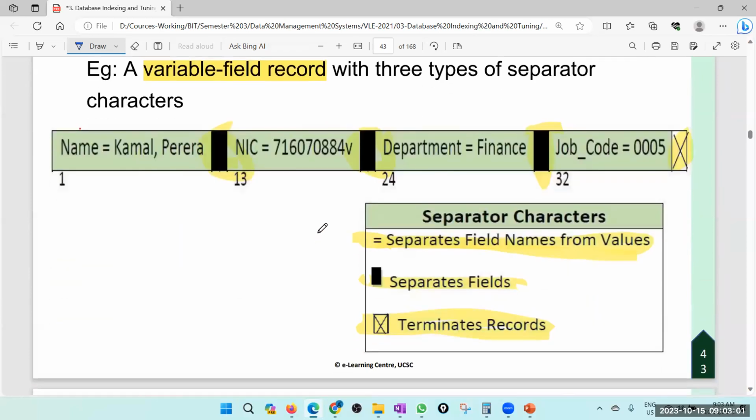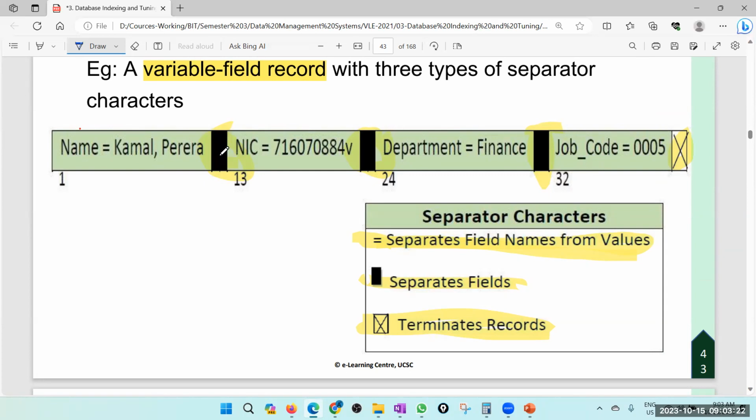And sometimes you can have a separator for the fields also. But again, it is not a must. If your fields have fixed width, it's optional because you don't need a separator, since you know that the first byte is your primary key, the second 2 bytes is salary and so on.